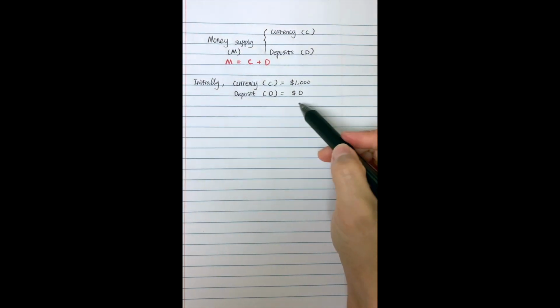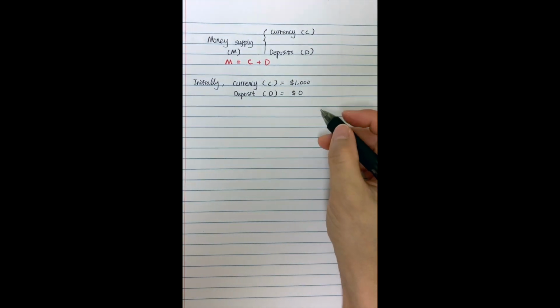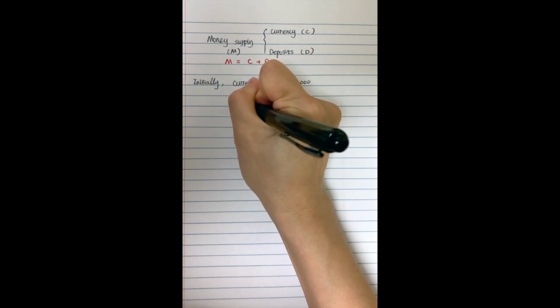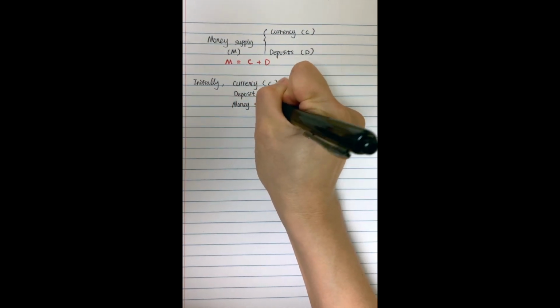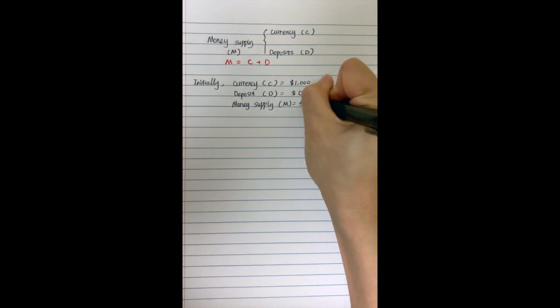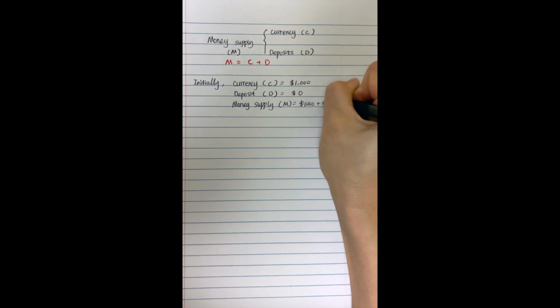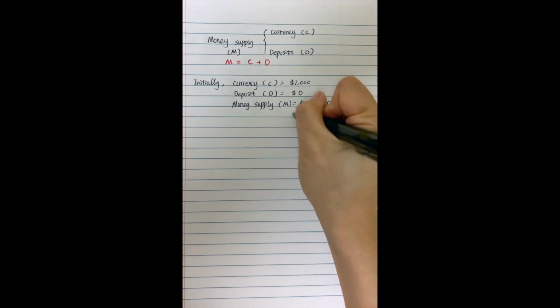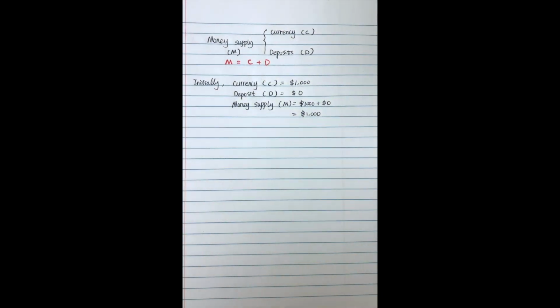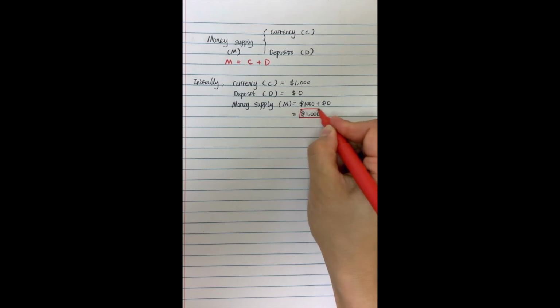So based on this initial situation, we can have our initial money supply, right? M will equal currency $1,000 plus 0 from deposit. So initial money supply equals $1,000. This is our initial money supply, okay?